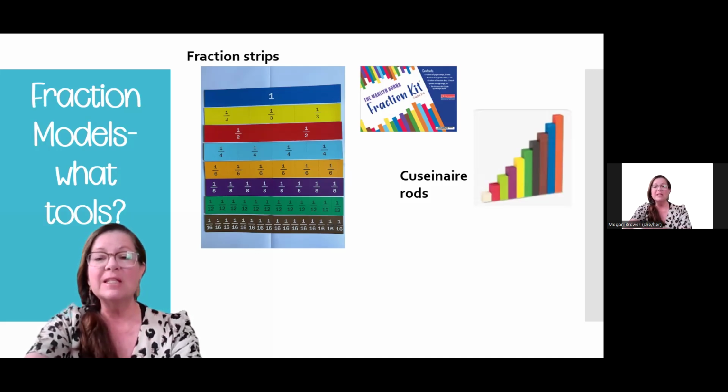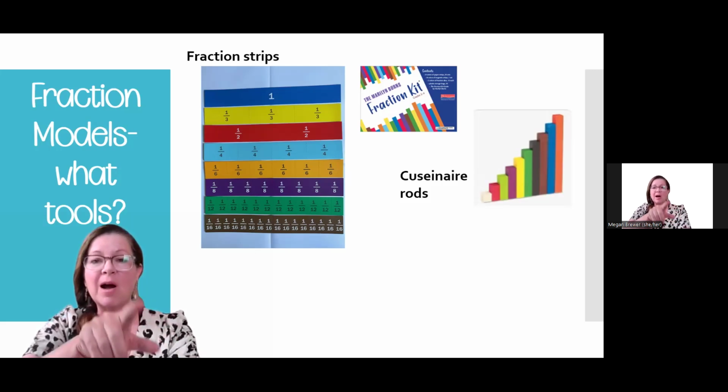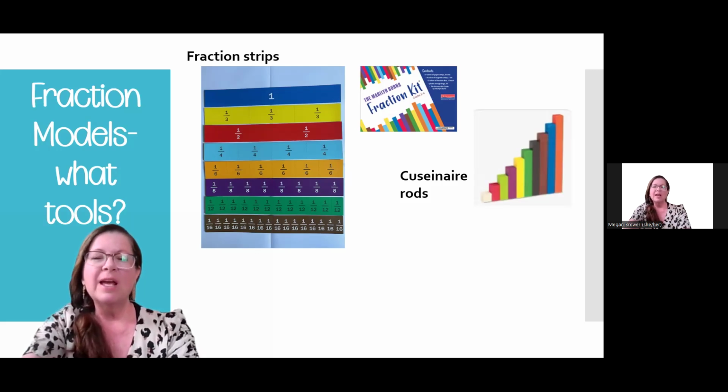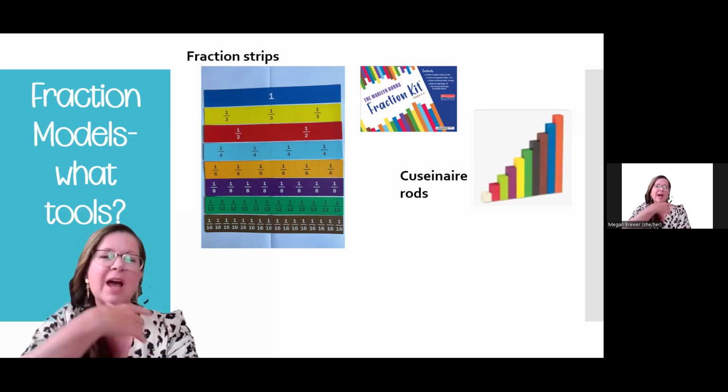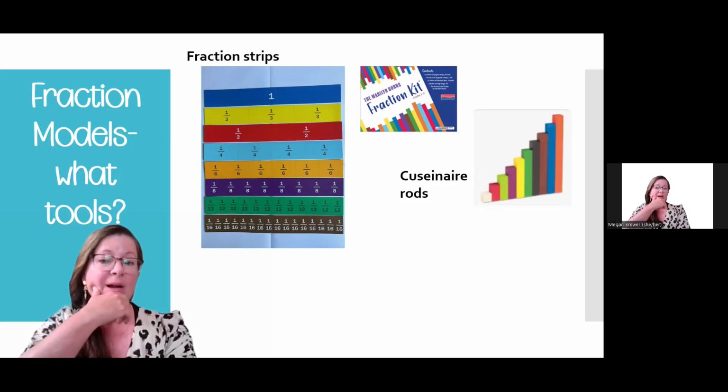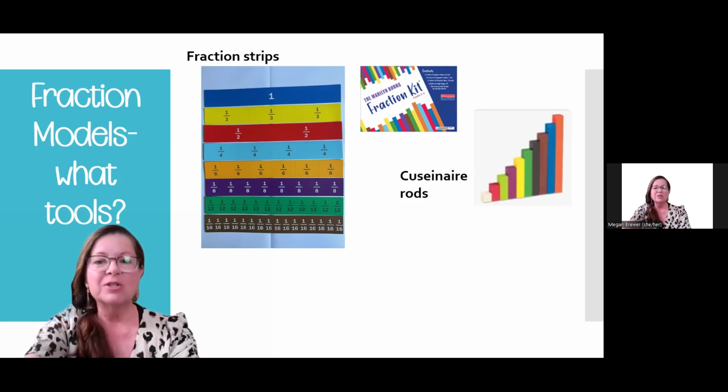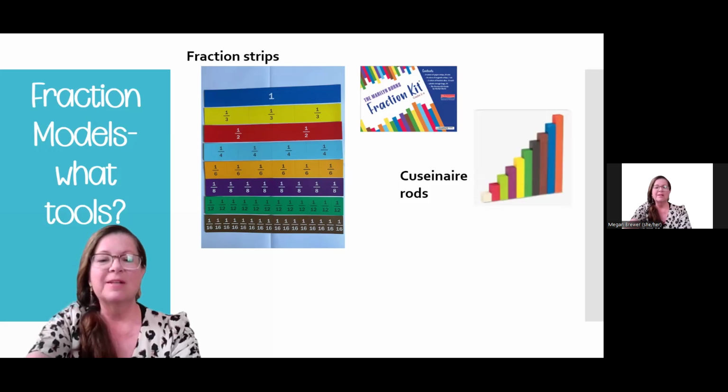For example, what if we say, okay, the orange rod is no longer equal to 1/2, but now let's say that green rod that's in the middle, that is equal to 1/2. If that's the case, then how much does the purple rod represent? Cuisenaire rods are such powerful learning tools.